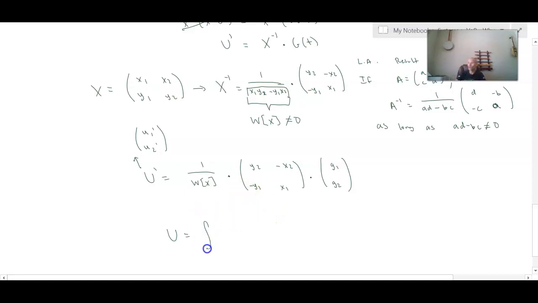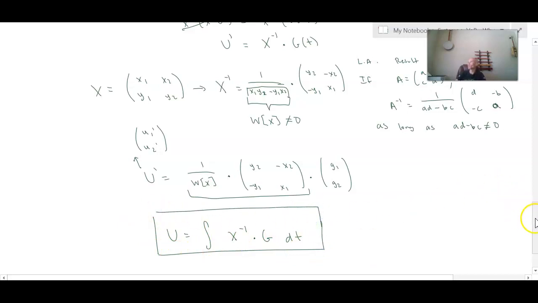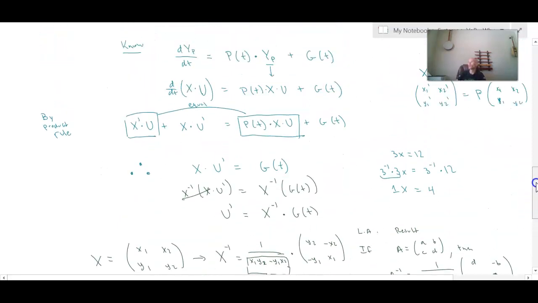U will equal the integral of the 1 over the Wronskian. And instead of writing this all out in this detail, we know that this right here is all part of x inverse. We know that this right here is the G matrix, and we're going to integrate that with respect to t. There it is. That gives us the components u1 and u2.